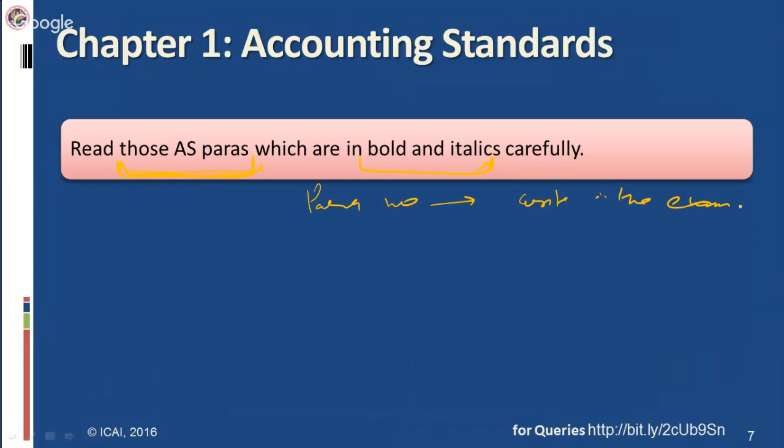You're not sure, but you still know the provision. So, based on the provision of the standard, after applying that particular para on the given case study, make your judgment, answer the question without mentioning the para number.